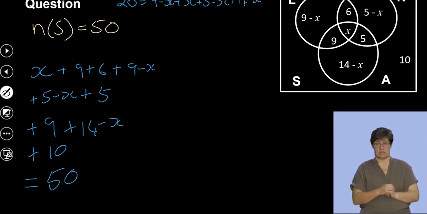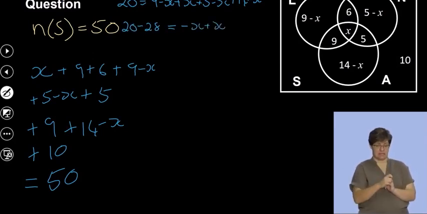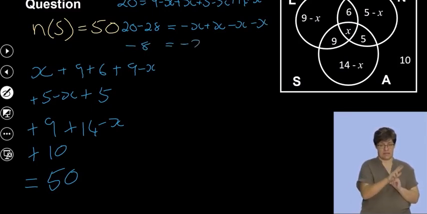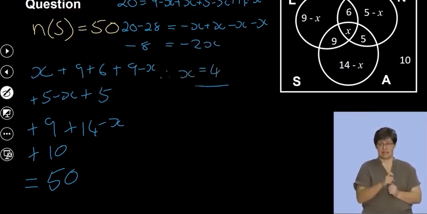Now, if I start adding all the numbers together, that's 19 plus 9 is 28. So I'm going to subtract 28 from both sides, and I get 20 minus 28 is equal to minus x plus x minus x minus x. And if I add that together, this gives me minus 8, which equals minus 2x. And if I then solve for x, I can see that x is going to be 4.